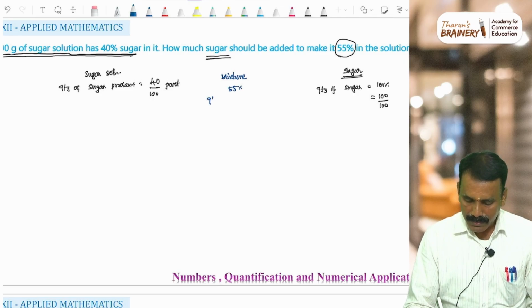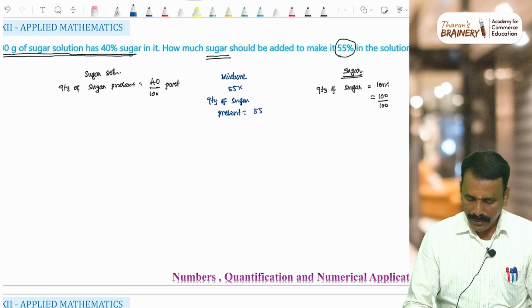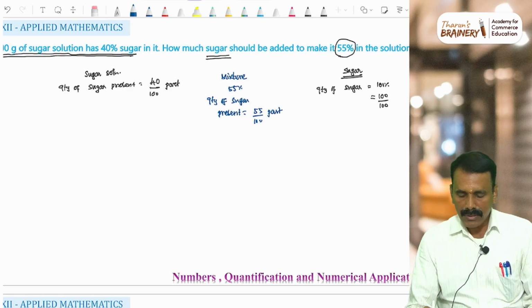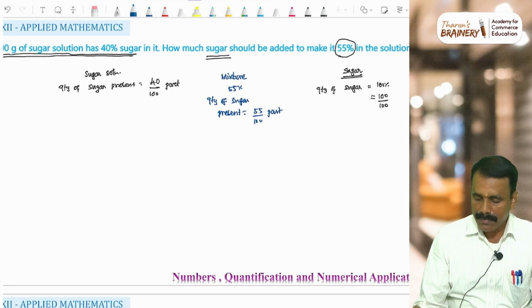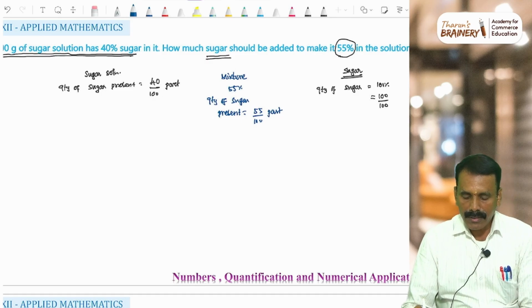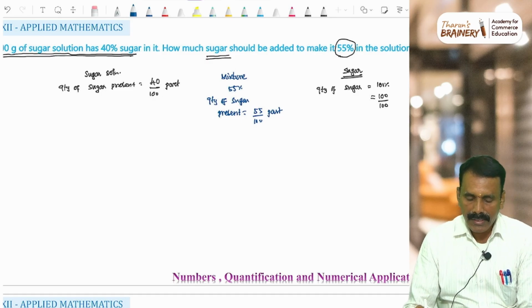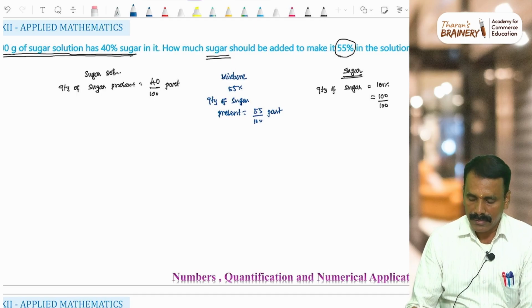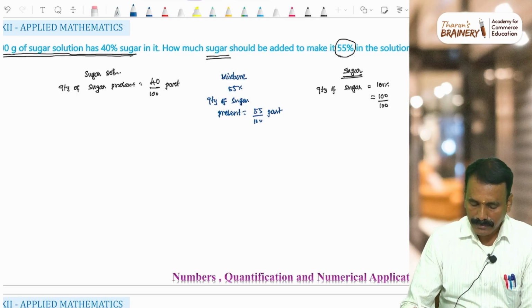So quantity of sugar present will be 55 by 100 part. And we maintain the percentage as such, so that the denominators are same, which makes us simplify the problem further. We need not take LCM and we need not convert the fraction to a given denominator. So we try to write.